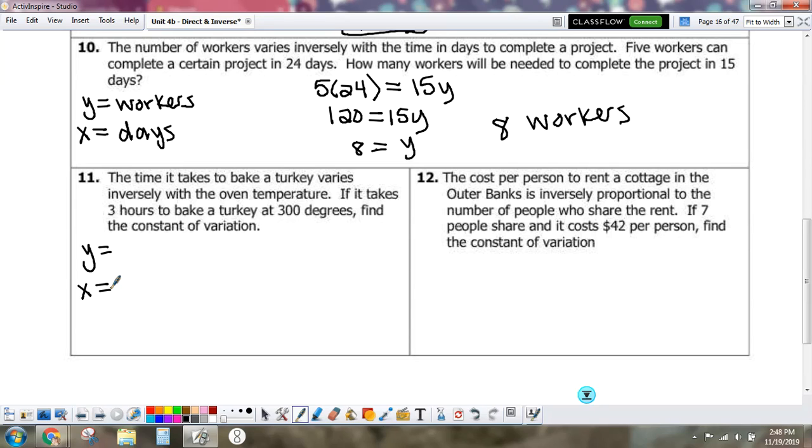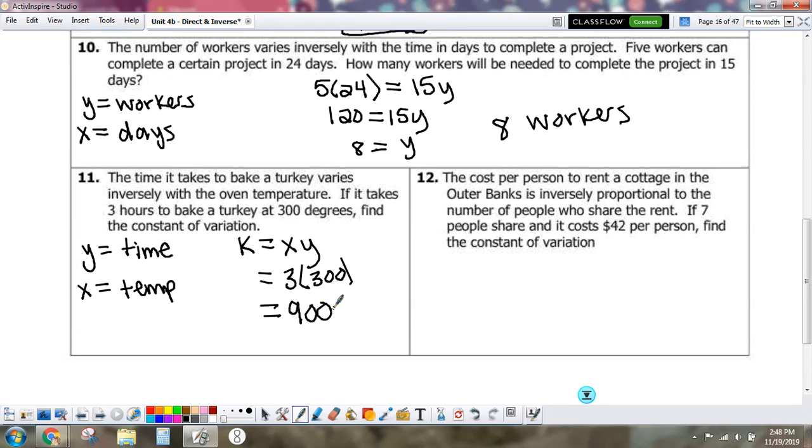The time it takes to cook it depends on how hot the oven is. So our time is our y, and our temperature is our x. And remember, for inverse variation, to find our constant, we are multiplying our x and our y. So we are doing 3 times 300 to get 900 as our constant.